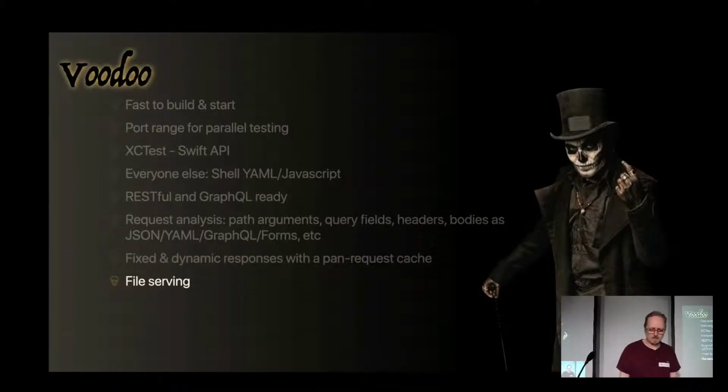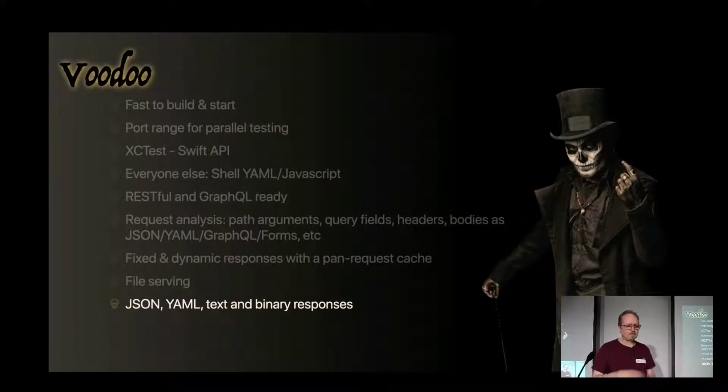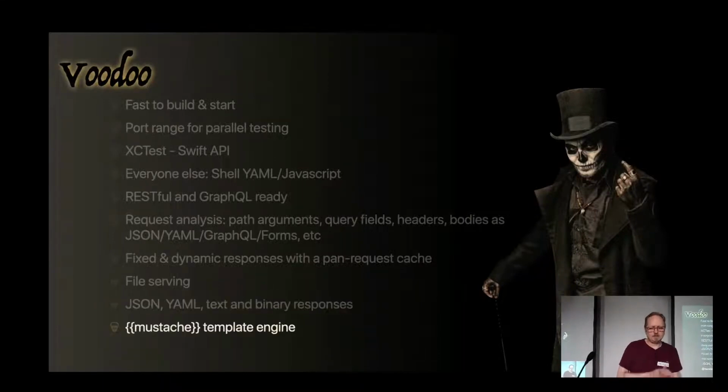File serving, yes, we do that. You can return JSON, YAML, text, binaries, static ones that you've predefined, ones that you assemble out of stuff, it's all there. And for templating, for assembling those responses, I've chosen a Mustache engine, which most people, I think, are fairly familiar with.